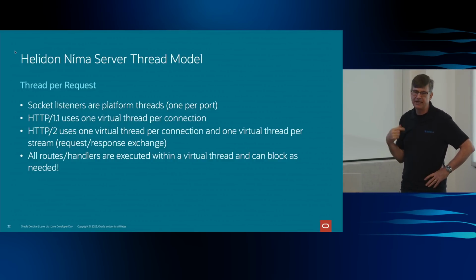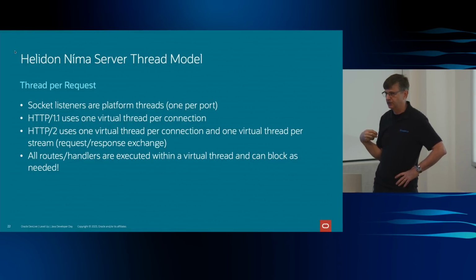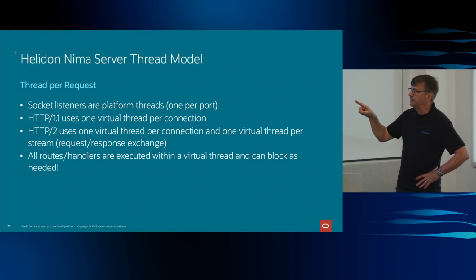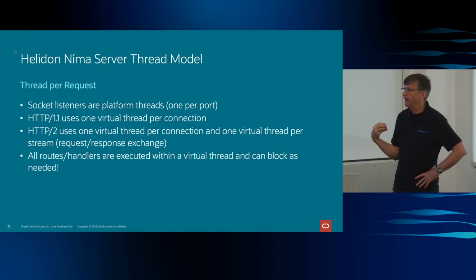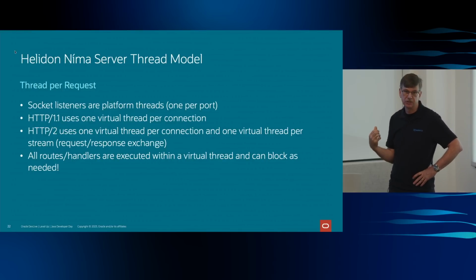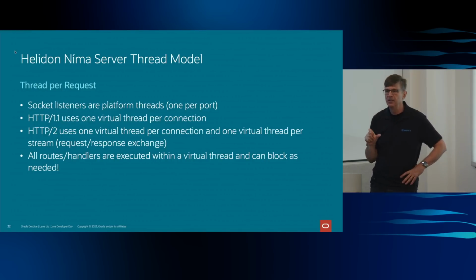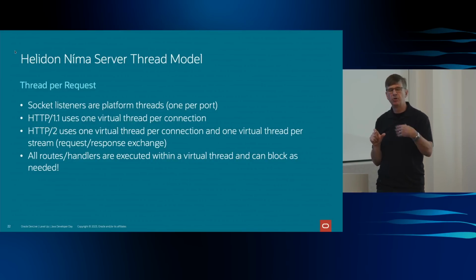But as soon as a connection comes in, then a virtual thread is created to handle the connection. And with HTTP 1.1, we have 1 virtual thread per connection. So remember with HTTP 1.1 on that connection, you can have keep alive and multiple requests coming in, but the requests will be sequential on that connection. So you're just handling 1 request at a time on that connection.